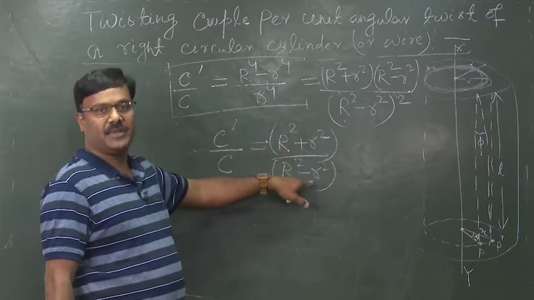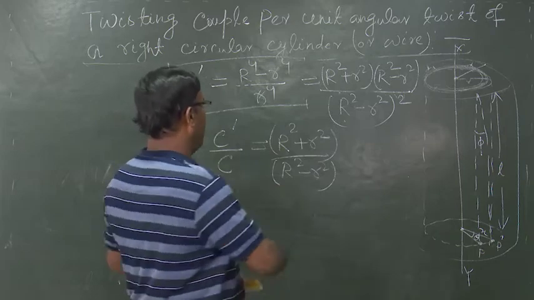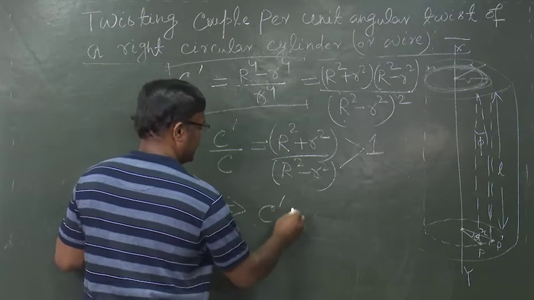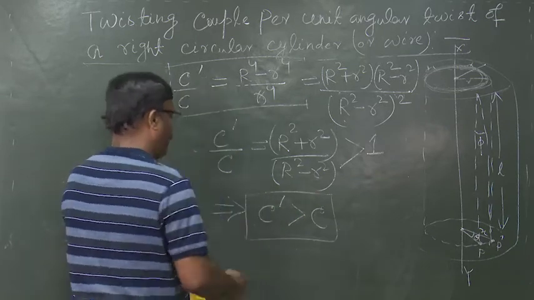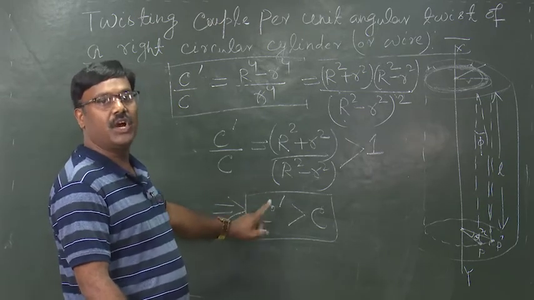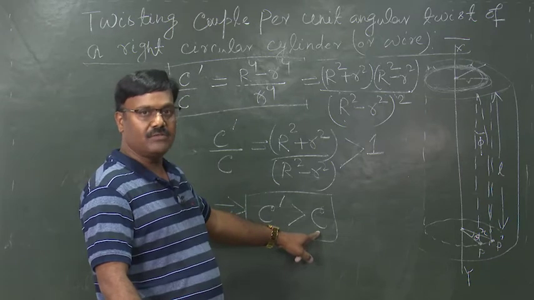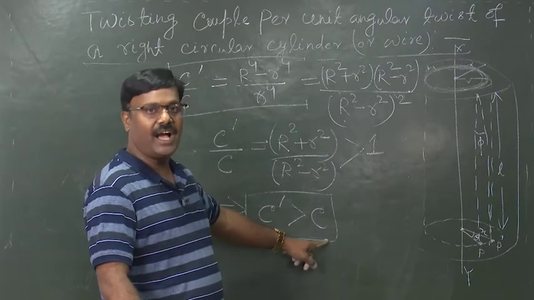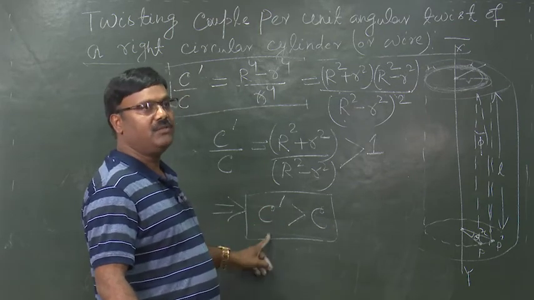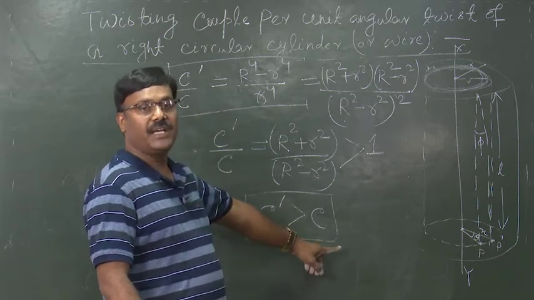Since all are positive, because these are radii, and R square plus r square is more than R square minus r square, this becomes greater than 1, which implies C dash is greater than C, where C dash represents the torsional couple per unit angular twist in the case of a hollow cylinder, and C represents that in the case of a solid cylinder, and we have found that C dash is more than C. That means the torsional couple per unit angular twist is more in the case of a hollow cylinder than of a solid cylinder.